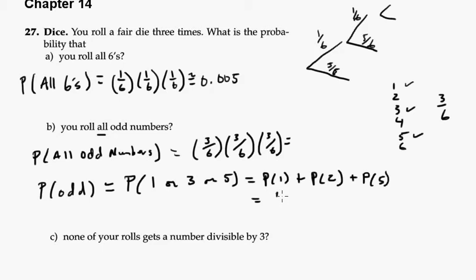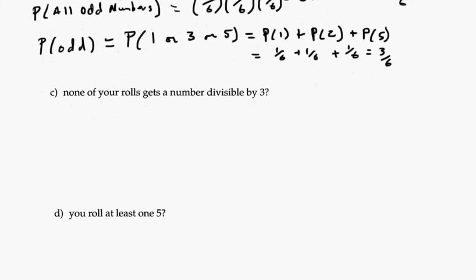That's 1/6 plus 1/6 plus 1/6, so 3/6. Rolling once, the probability of an odd is 3 over 6, and we do it 3 times. So I get 0.125. That's my answer.